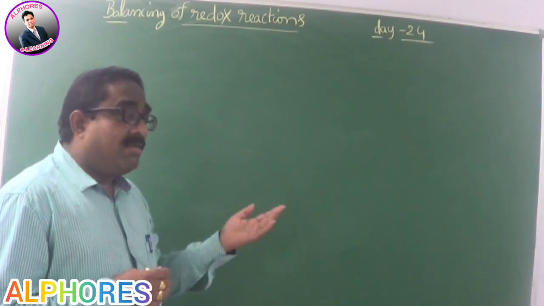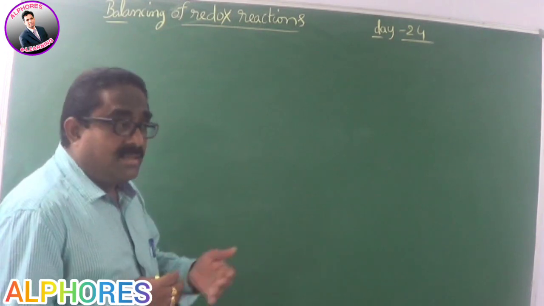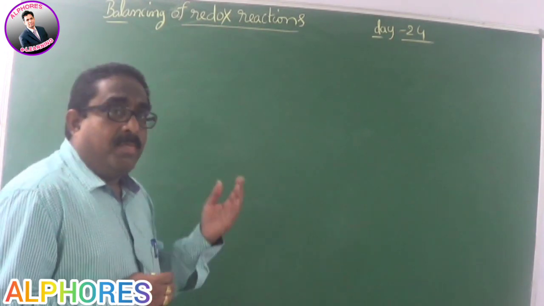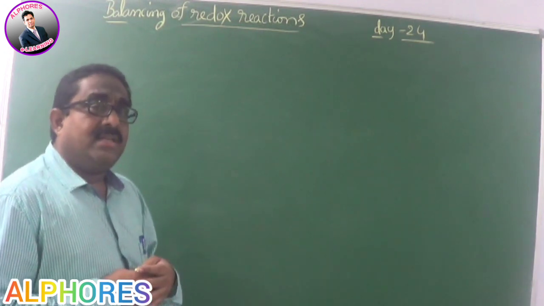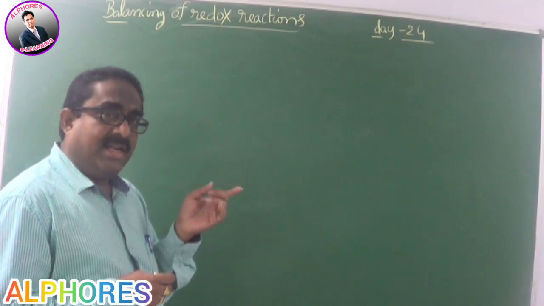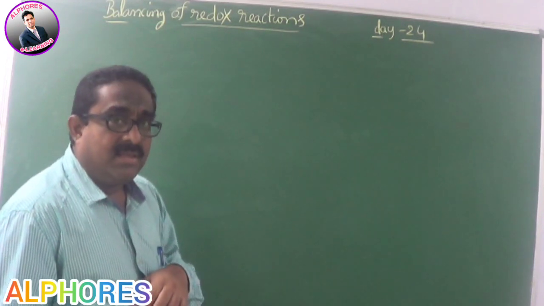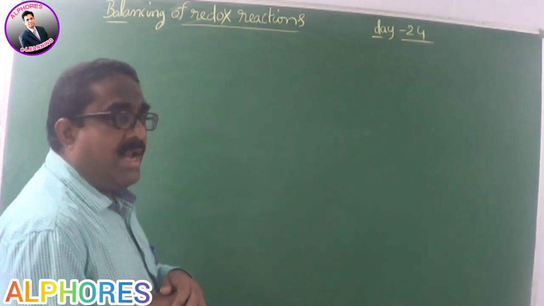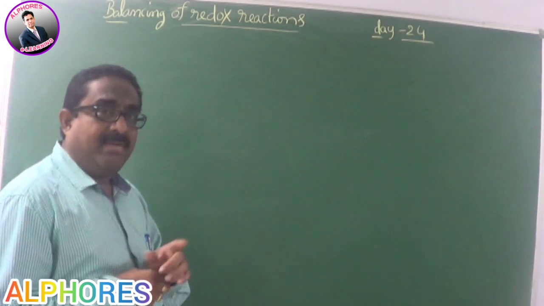In this session, let me go for the next medium, that is basic medium. So, balancing of redox reactions in basic medium by using the same method, that is the ion-electron method. Almost all the rules are the same except one rule while balancing the hydrogen atoms.